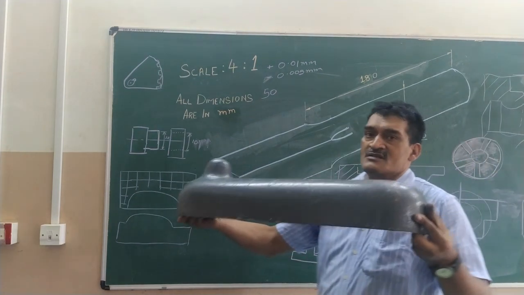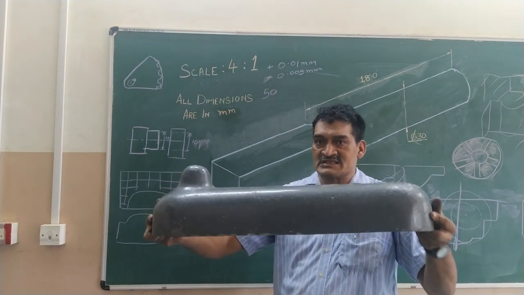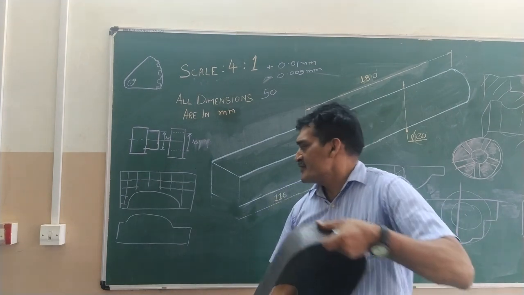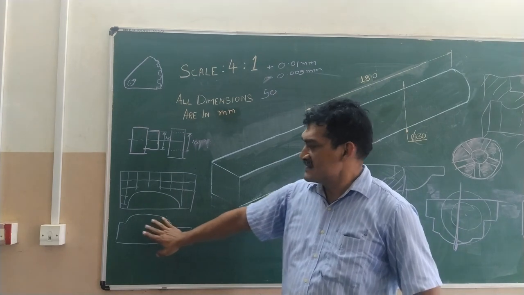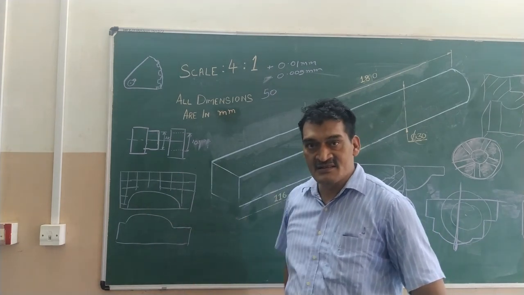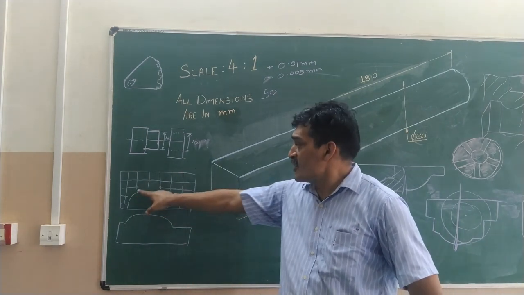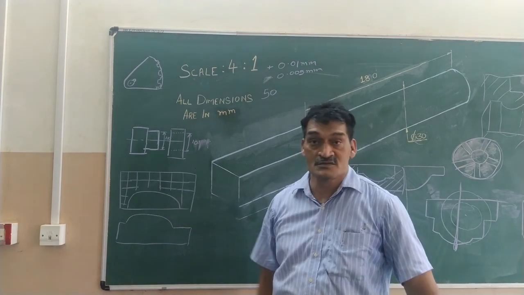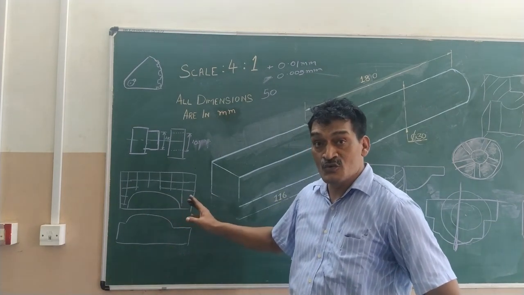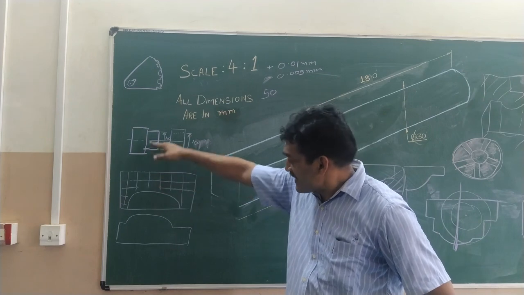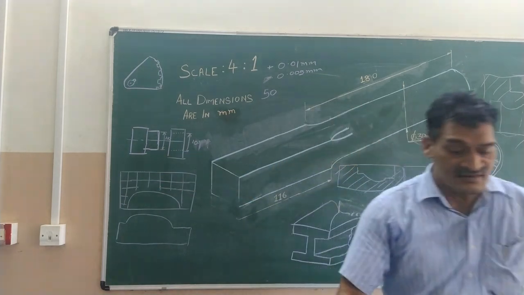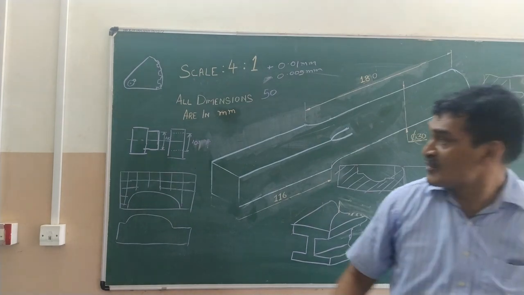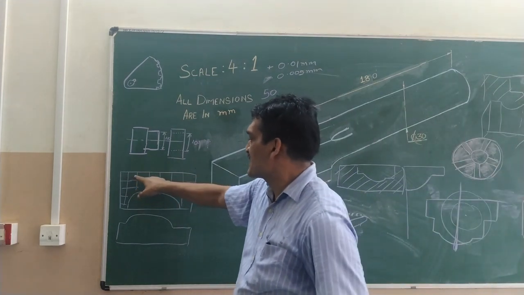Now, we want to make this. So what we do is, we will prepare a mold of this sort in the drag. In the cope, it will be hollow. Since it will be hollow, this sand can collapse anytime. So what we do is, we make small pockets.